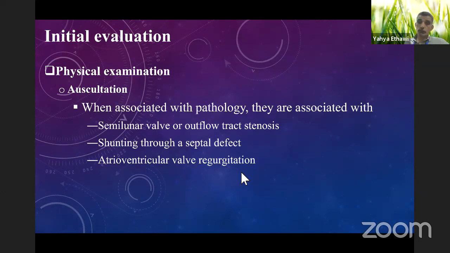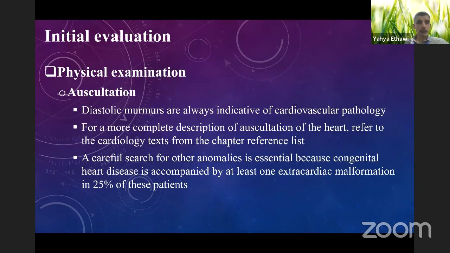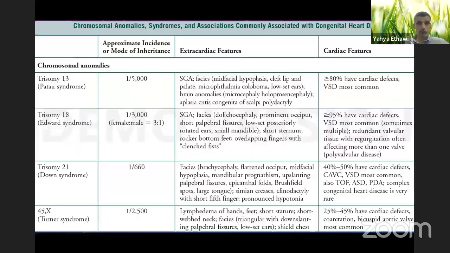You need to make sure this is an innocent murmur or pathological murmur, and how to know that. No other signs, monitor it over time, make sure it's not an emergency, and the characteristic of the murmur, also the location of the murmur. I'm going to pass all this.